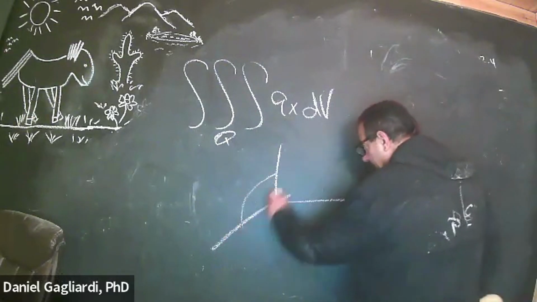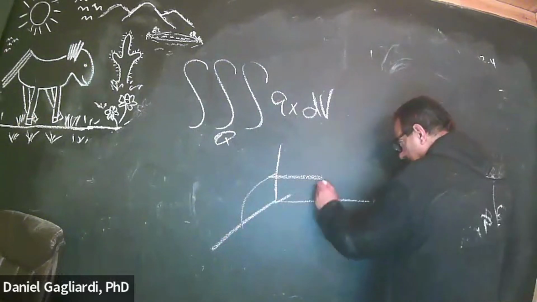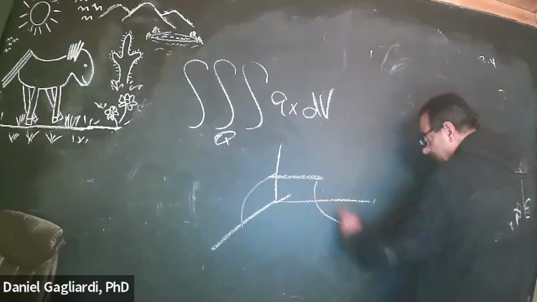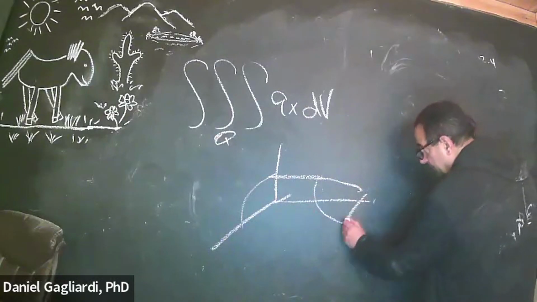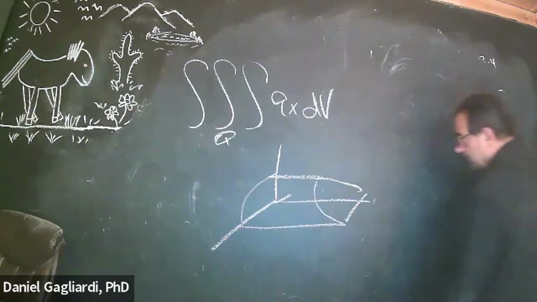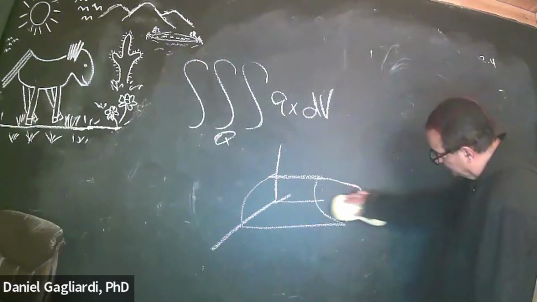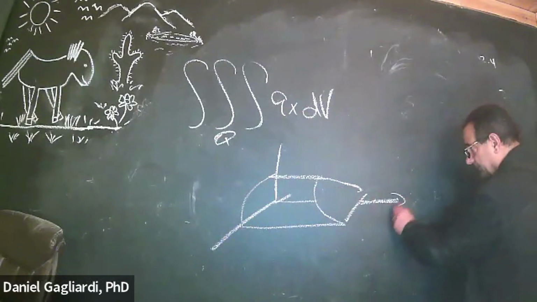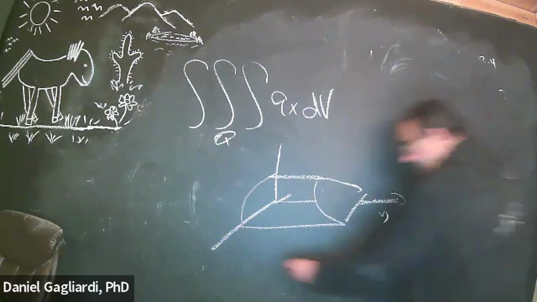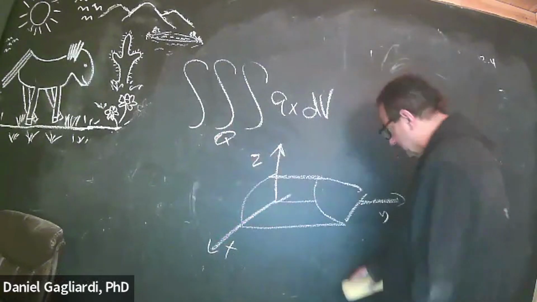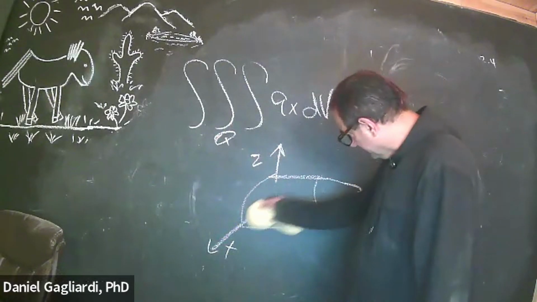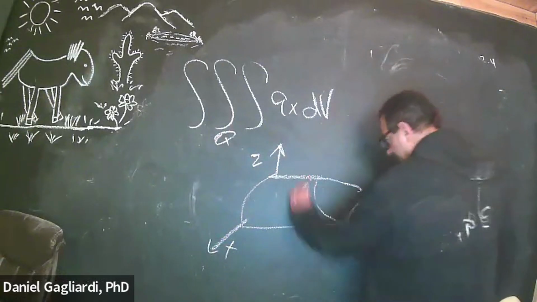It came down like that, and then there was a slice taken out of it, looking like that. Then you wouldn't see this because the y-axis would poke out like that, and this is the x-axis and this is the z-axis, so you wouldn't see all this stuff inside here. You would just see this.